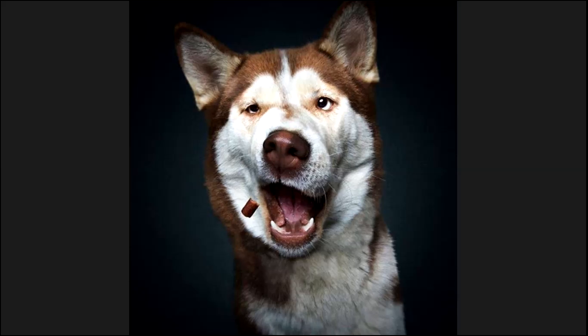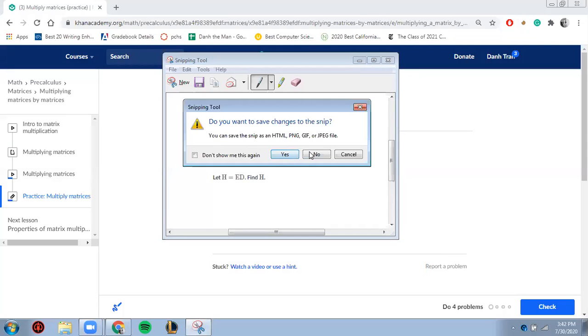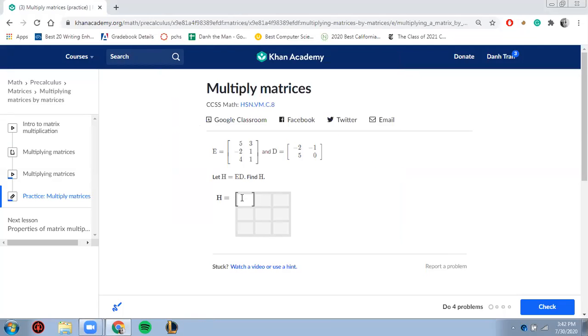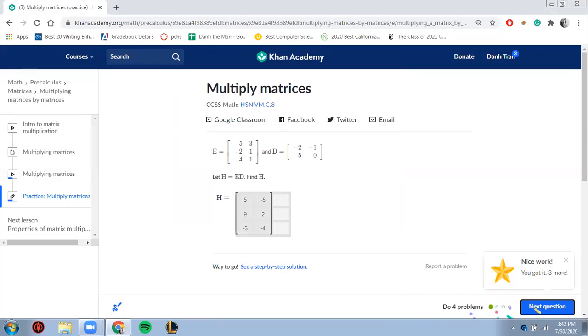Let's go back to Khan Academy and write the numbers down. The answer will be 5, negative 5, 9, 2, negative 3, and negative 4. We deserve a little drum roll over here. Let's check. And we got the correct answer.